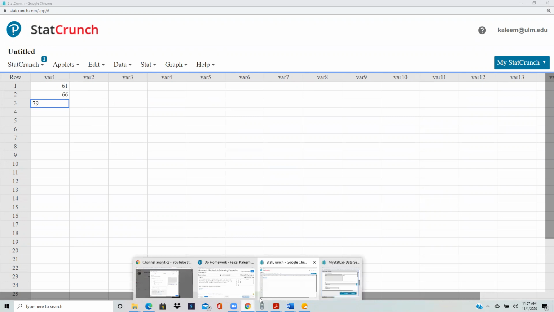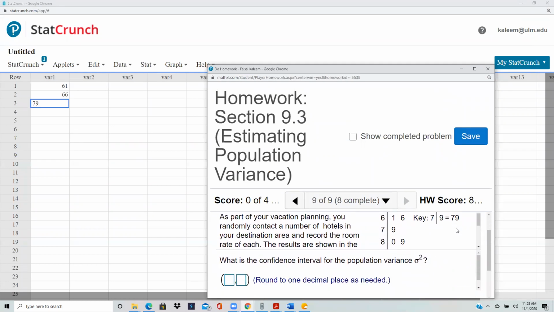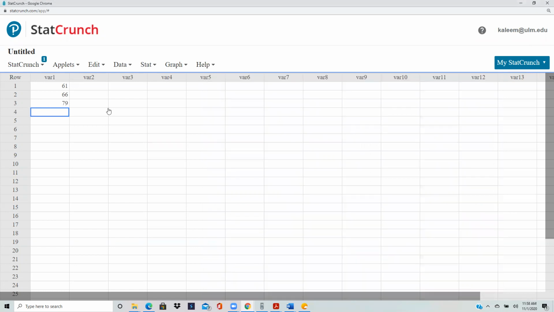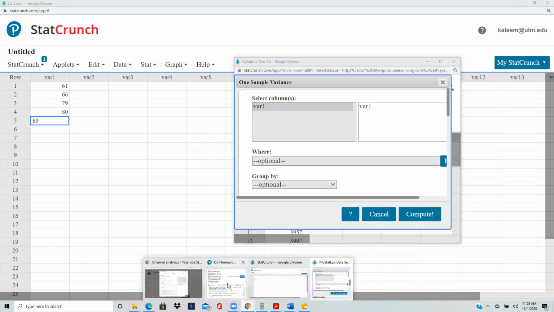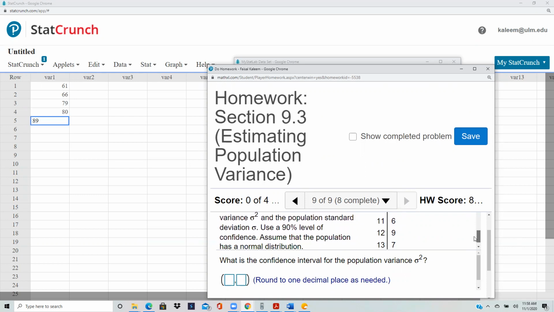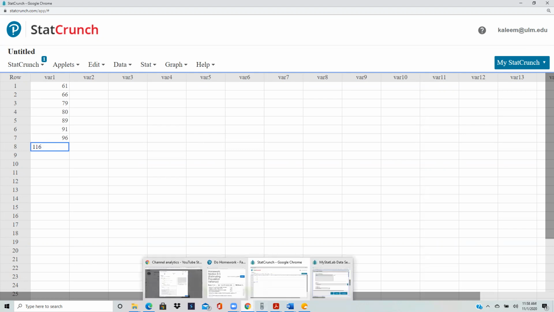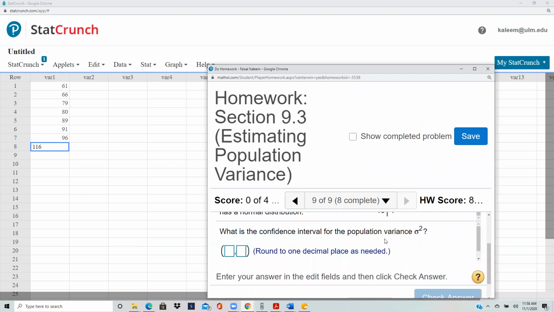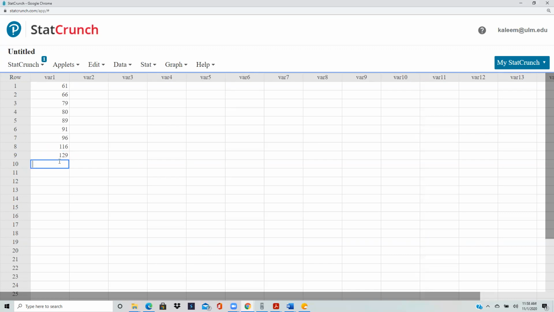And then what did we have? 61, 66, 79, 80, 89, then 91, 96, 116, and then 129 and 137, and 90%.